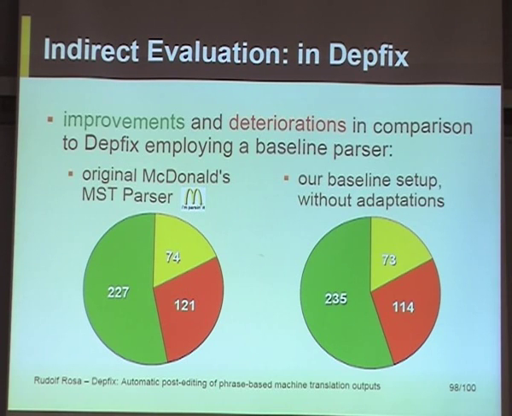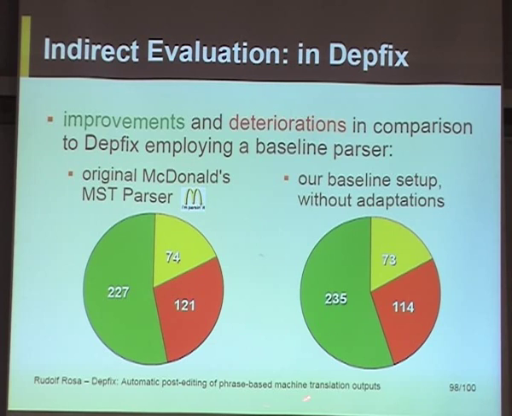So we did a similar evaluation to the evaluation of DEPFIX itself. We put our new adaptive parser into DEPFIX and compared the outputs to the case where we used either the original MSD Parser by Ryan McDonald, or our baseline parser, so just the reimplementation without these 4 improvements.